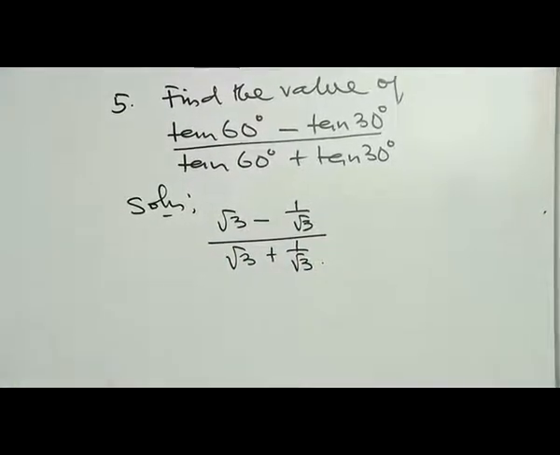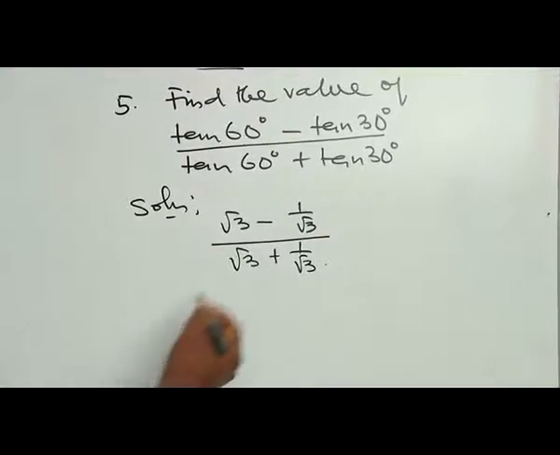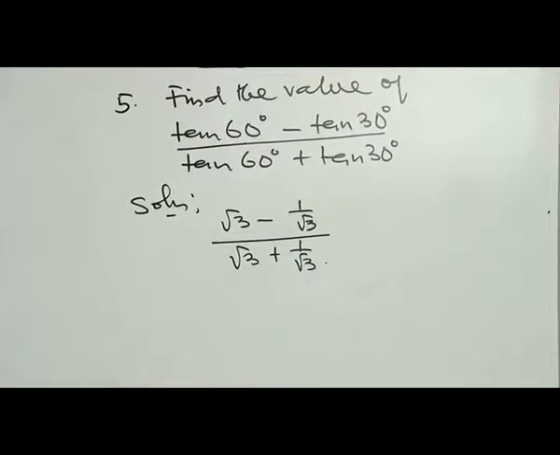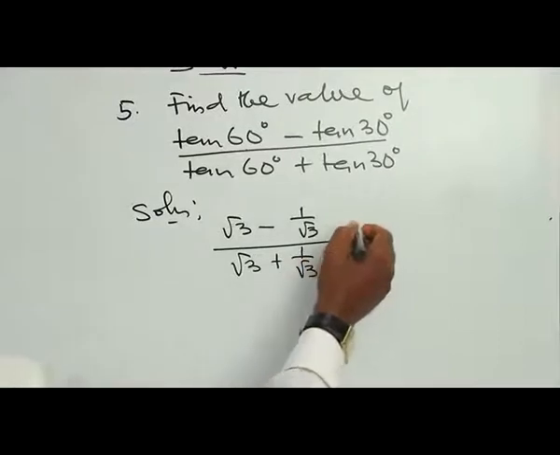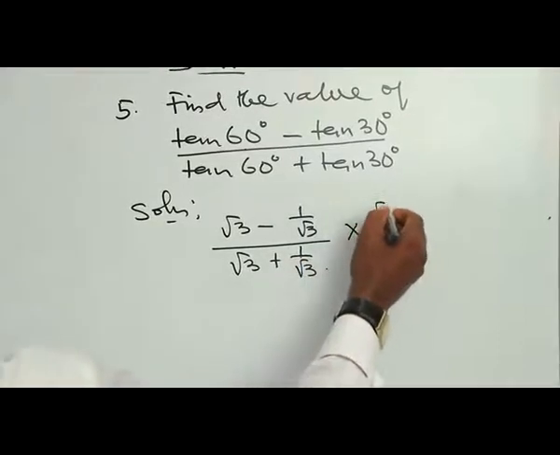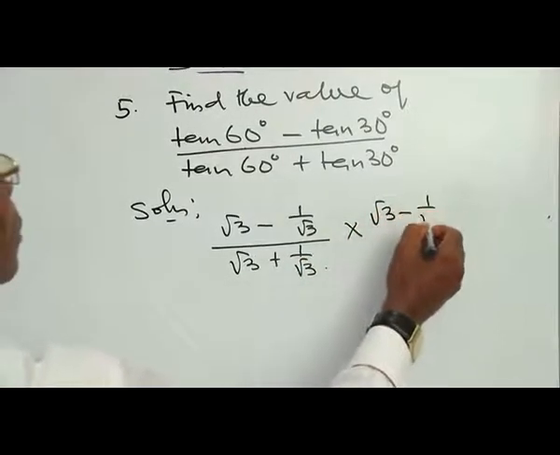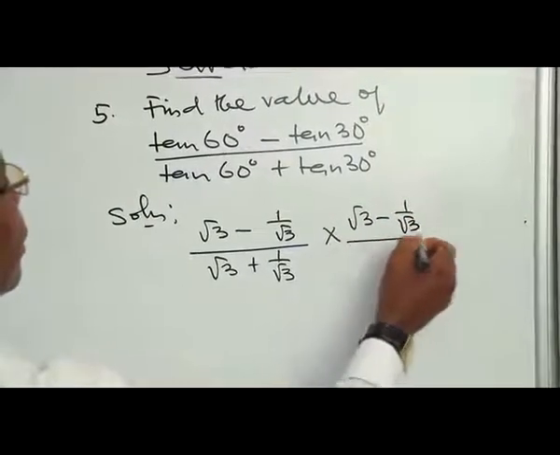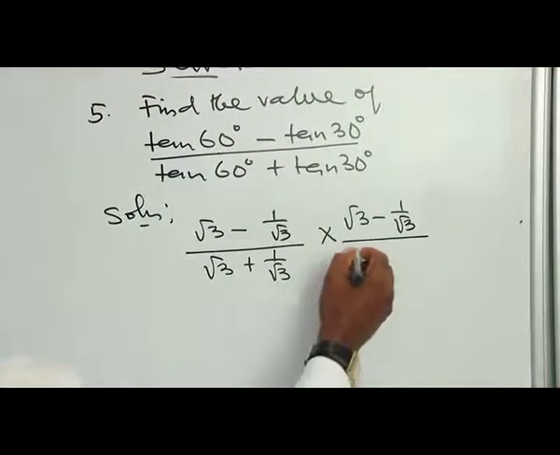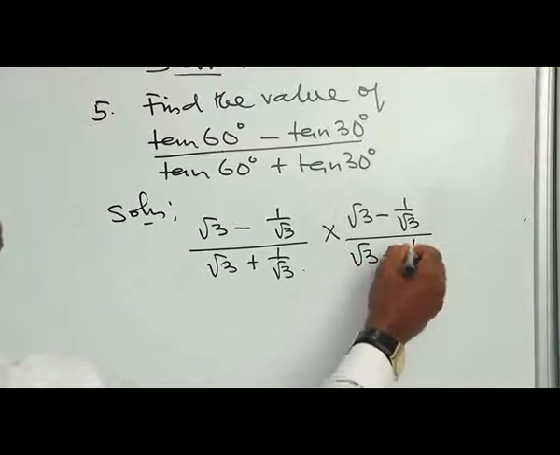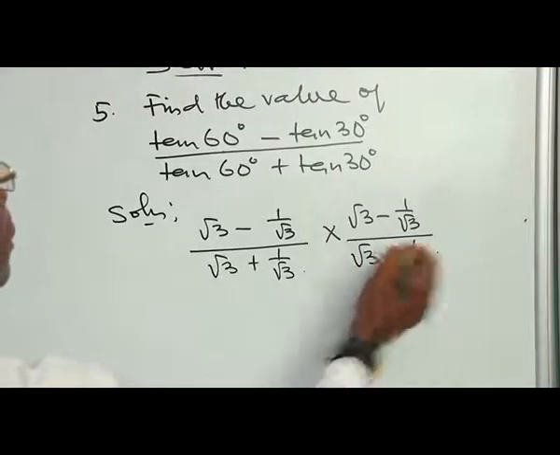This is what you now have. And in order for you to solve this problem, you now take the conjugate. Multiply this by root 3 minus 1 over root 3, everything here all over the same root 3 minus 1 all over root 3.